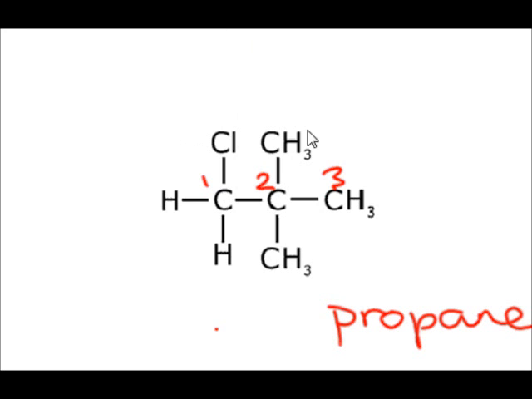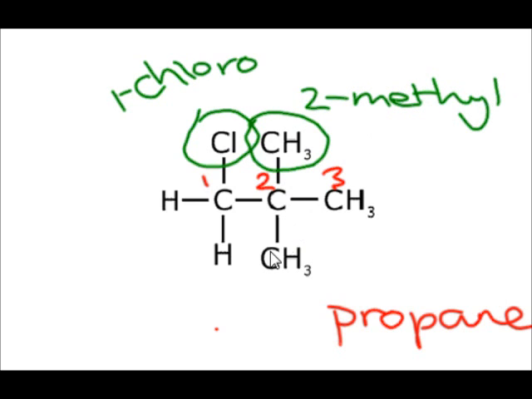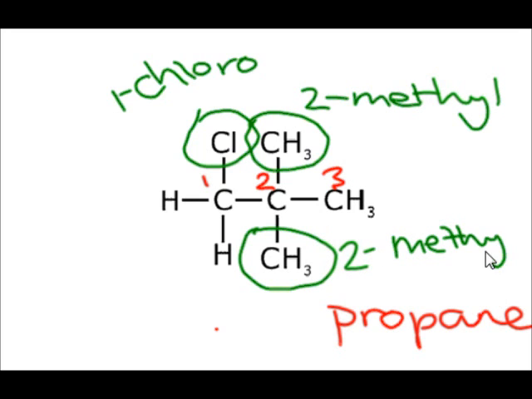Now we've got 3 different substituents. We've got a chloro group which is attached to the first carbon. So we've got 1 chloro. We've got a methyl group attached to the second carbon, which is 2 methyl. And we've got another methyl group attached to the second carbon, so we've got another 2 methyl group.